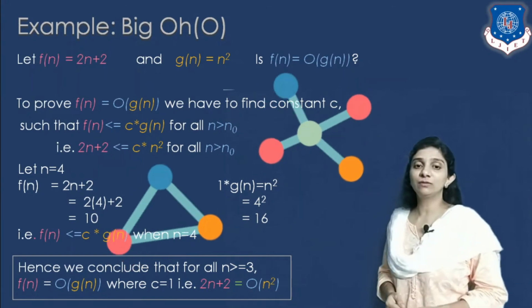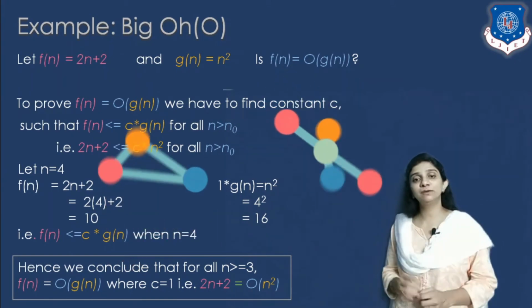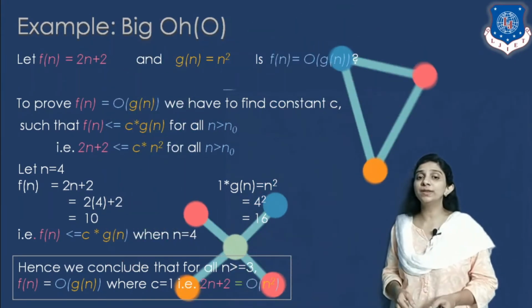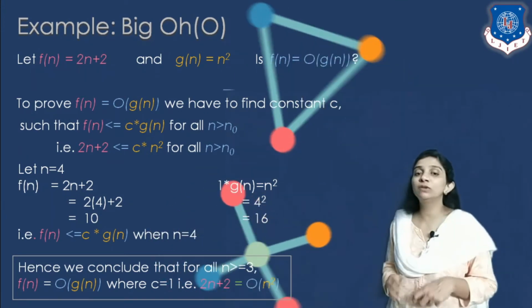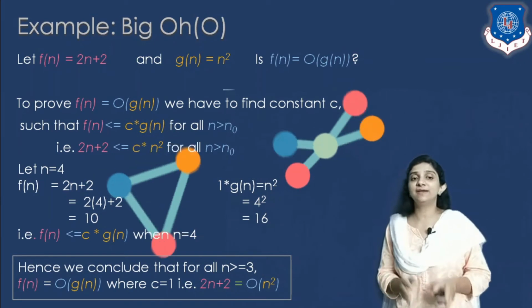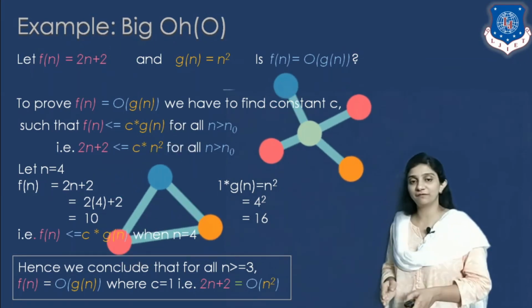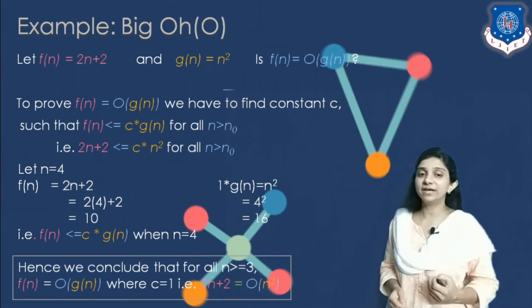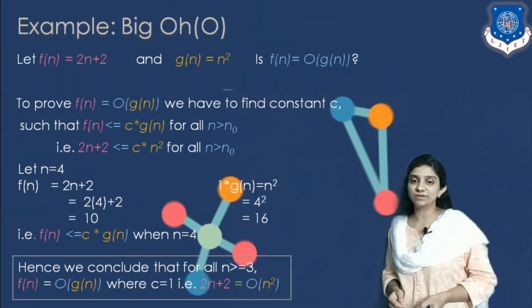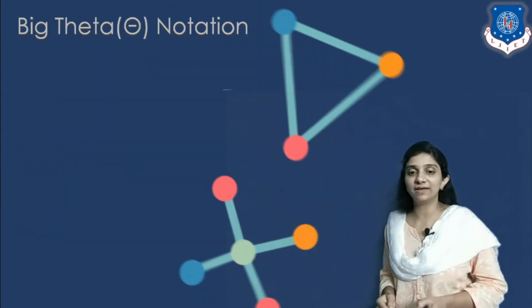Hence we can calculate for larger values of n, and we can conclude that for all values of n greater than or equal to 3, f of n is in big O of g of n, where the constant we have selected is 1. Or we can say that 2n plus 2 is big O of n square.